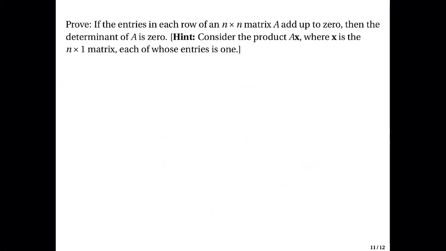Let's have this last problem. If the entries in each row of an n by n matrix, take note of this, if the entries in each row of an n by n matrix A add up to 0, then the determinant of A is equal to 0.